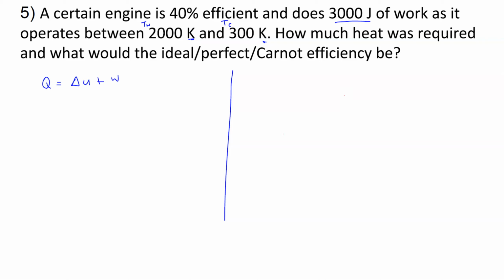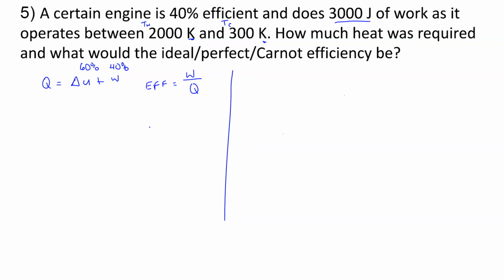So, oh yeah, and even better, I'm sorry. Let's go here with it. The efficiency equals how much work I get out versus how much heat that I put in. Basically, we're saying that 40% of it went here, and 60% went into the change of internal energy. But since they gave us the efficiency, let's start here.